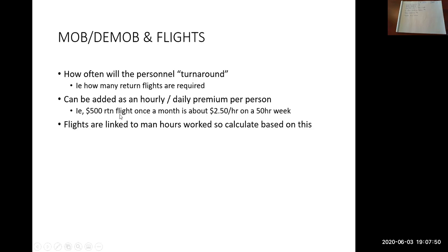A $500 return flight once a month works out to approximately $2.50 per hour for that crew person, based on a 50-hour work week. So 50 hours a week is 200 hours per month that they're working. So 200 times 2.5 is $500.